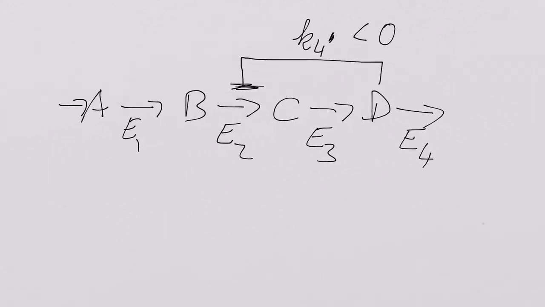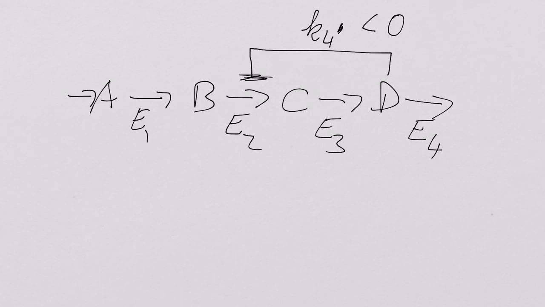What happens if this D was actually an inhibitor of the enzyme E2? What would happen? So we get lots of A in, get lots of B in. C, we produce lots of D, lots of D, lots of D. What happens to lots of D?